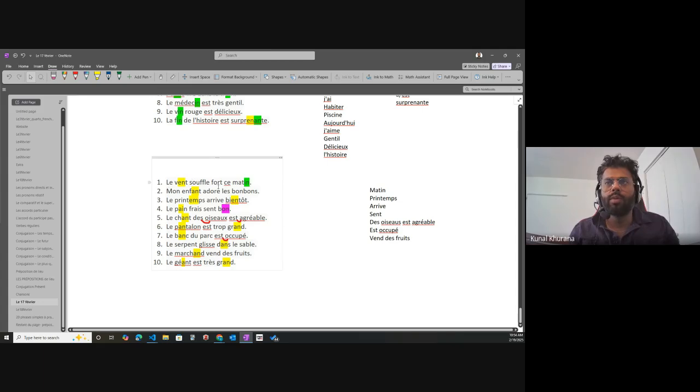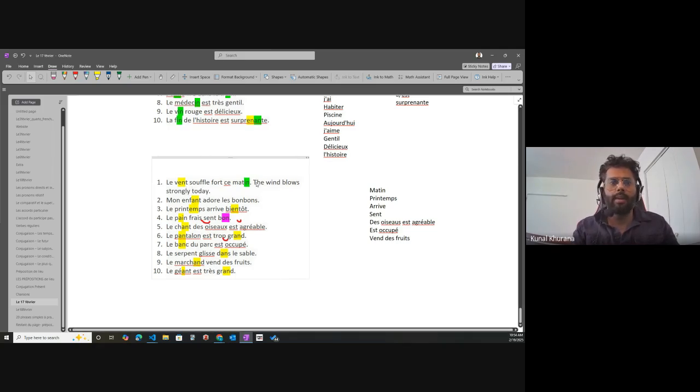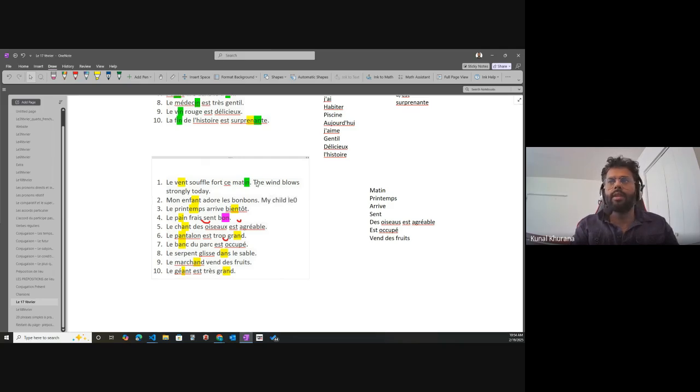Okay. So le vent souffle fort ce matin means the wind blows strongly today. Mon enfant adore les bonbons: my child loves sweets.